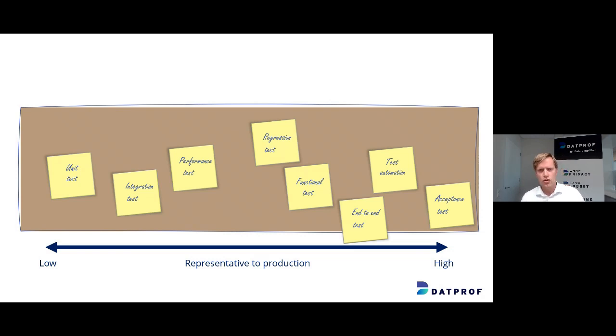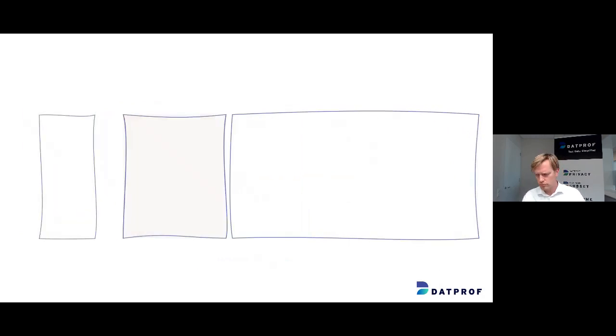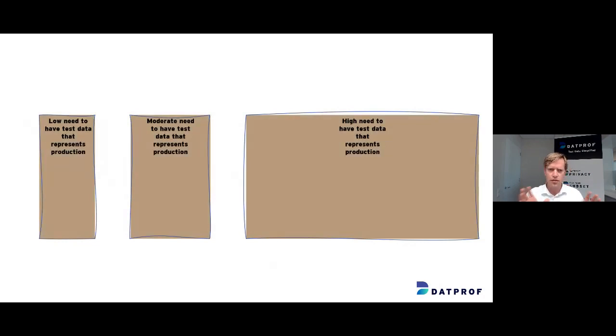So when we take a closer look, I tried to make three different components: a low need for test data that's representative of production, a moderate need, and a high need. If you take a closer look, especially at unit tests, for example, I really think there's a low need for test data that is representative of production.